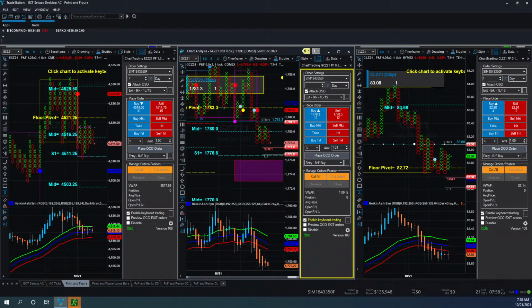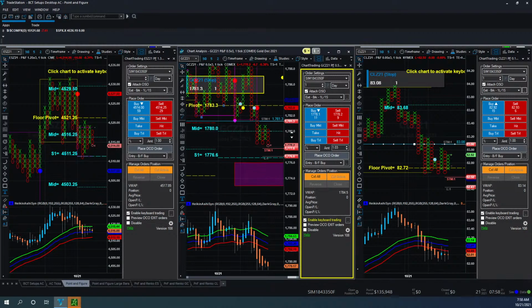I like this formation though. Little bit of reaction out of the lows there. Right at the 200 support, which is not good for a short. 200 is at 17.